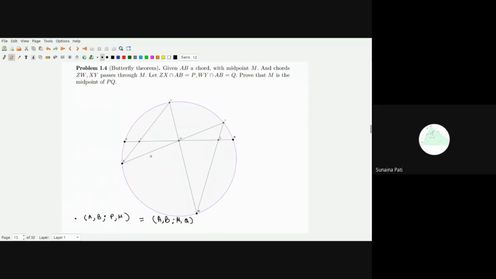Anyway, so yeah, we got these ratios to be equal.